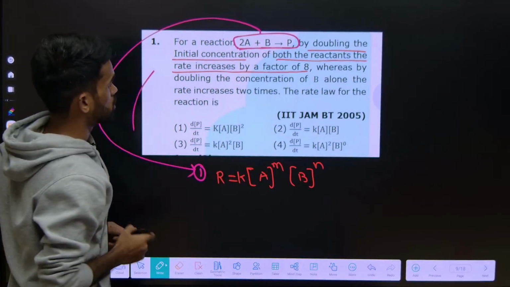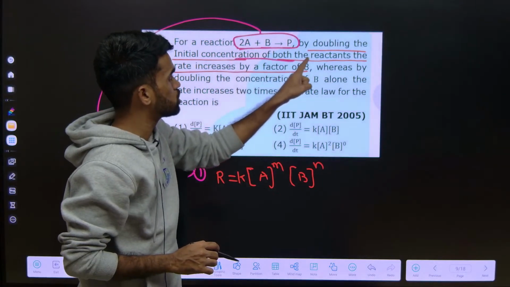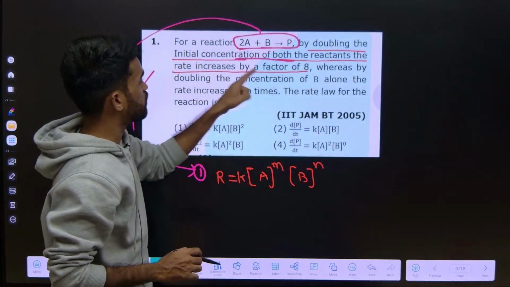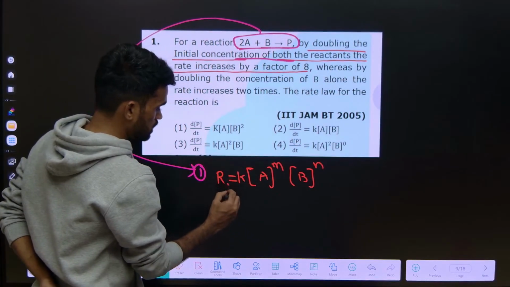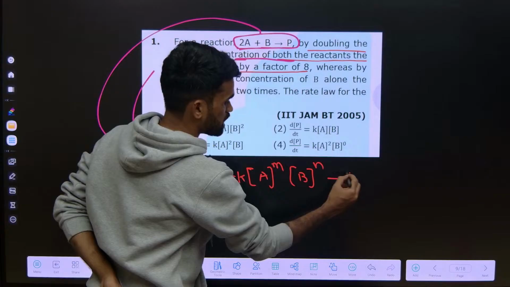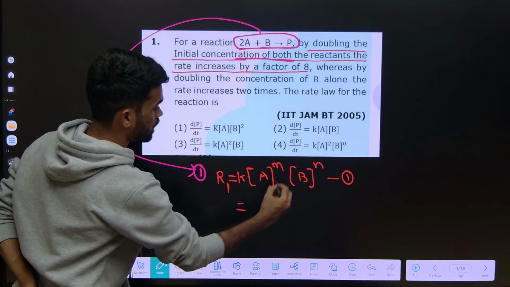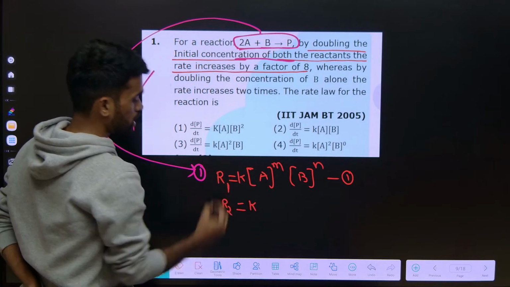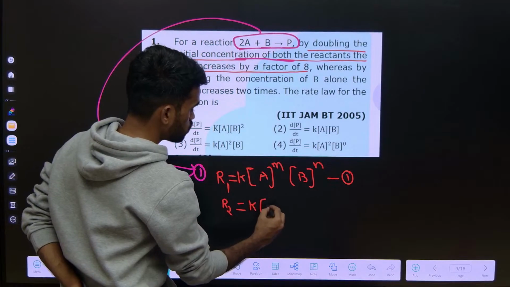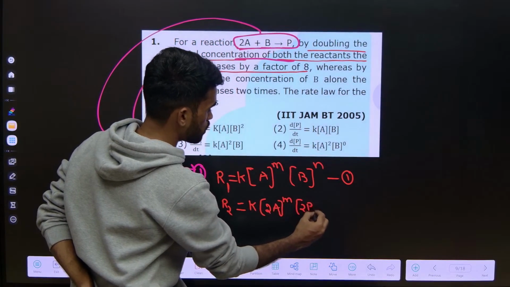Now what they are saying, by doubling the initial concentration of both reactants, rate increases by a factor of 8. It means if I consider this as R1, the first equation, and they are doubling the concentration of A and B both, so that it becomes R2. So this R2 is now 2 times A to the power m and 2 times B to the power n.